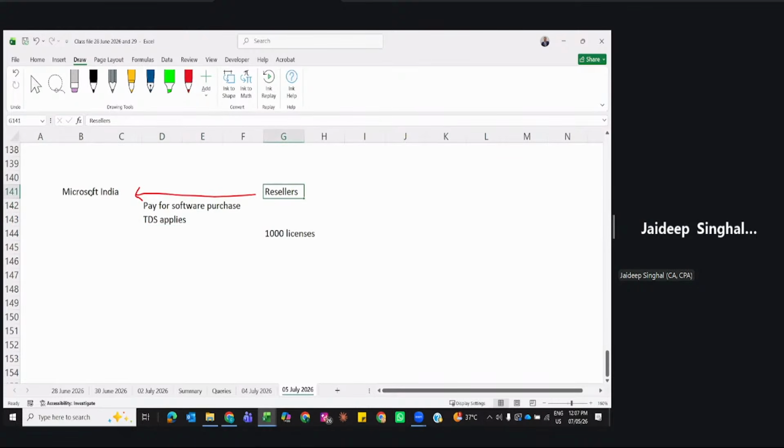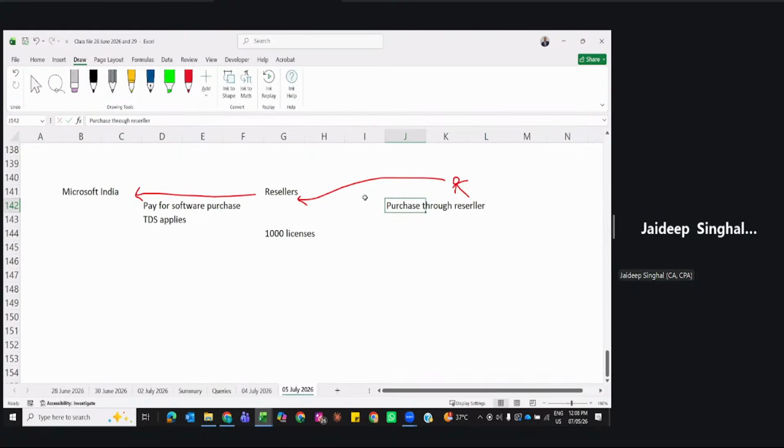If the reseller is paying Microsoft India, TDS will apply. Now, if I, as an individual customer, purchase through a reseller, will TDS apply again? Do I also need to deduct the TDS? Let's suppose I'm a businessman. I'm covered. My turnover is greater than 1 CR.